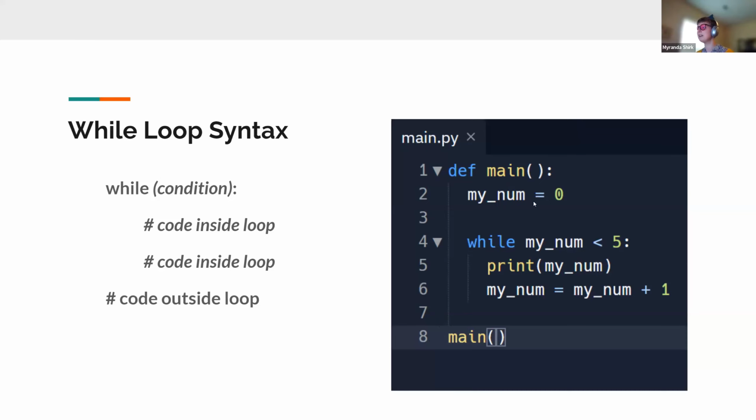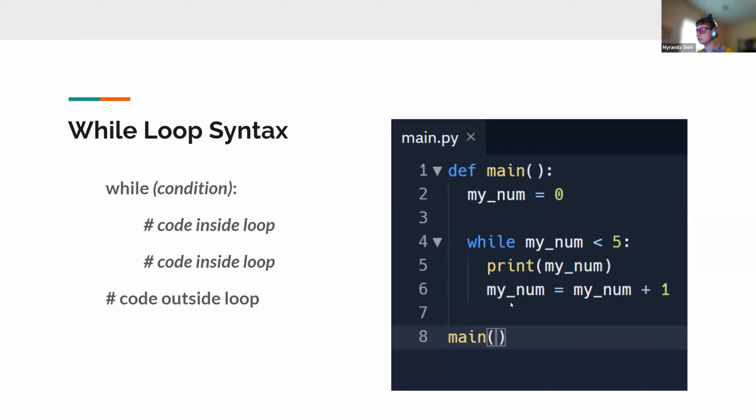I have my num set to 0. And now I say while my num is less than 5, colon, and now everything indented is inside of this while loop. So it'll repeat while my num is less than 5. So I'm going to print my num, and now I'm going to reassign. I'm going to say now my num is equal to my num plus 1. So my num starts at 0.